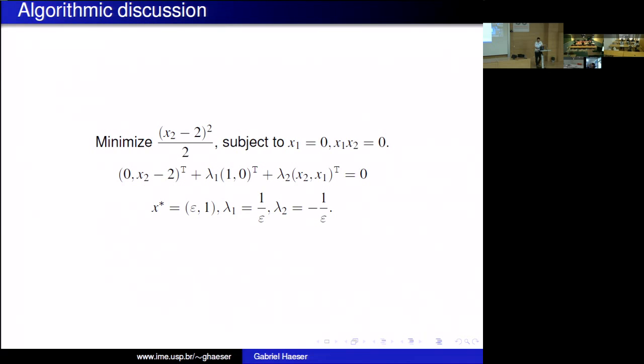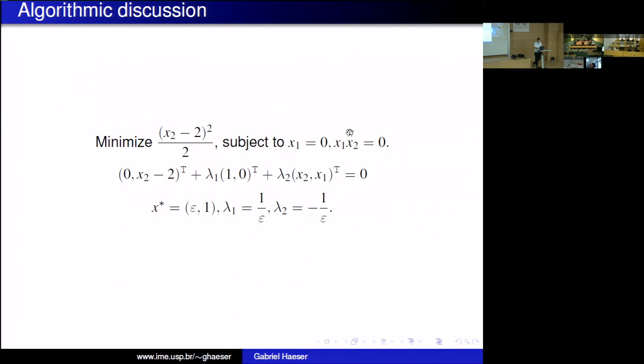This kind of constraint is really hard to solve. It's a type of complementarity constraint. It typically says that either x1 is 0 or x2 is 0. So this is hard to solve, and our optimality condition in fact fails for this type of problem. So let's see the solution here.